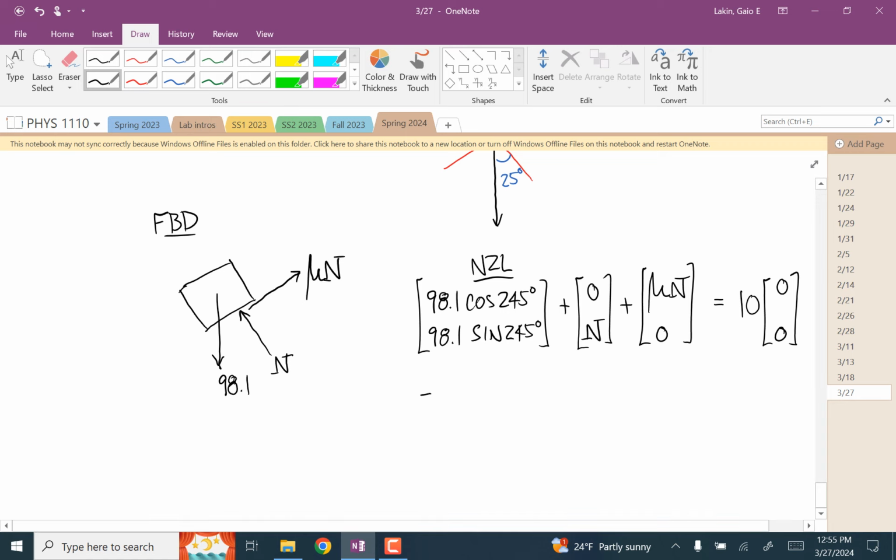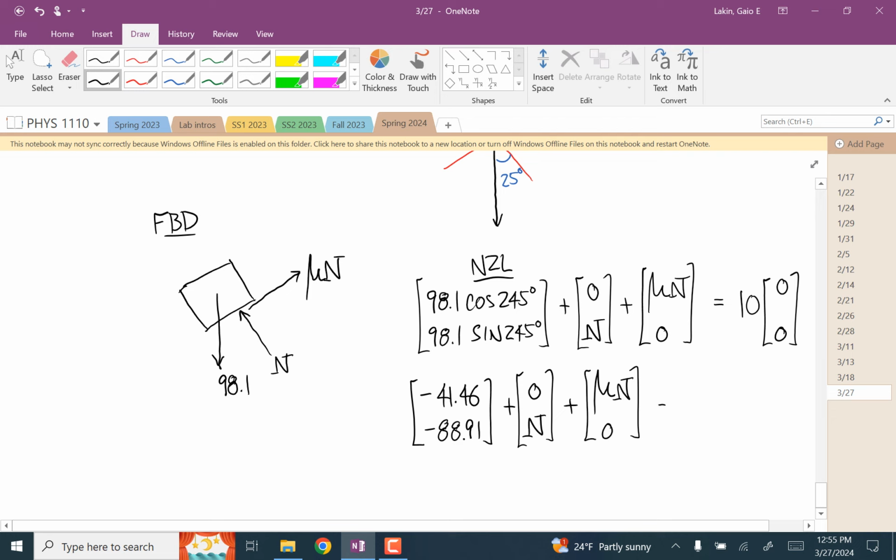So we get negative 41.46, negative 88.91, plus 0, n, plus mu n, 0 is equal to 0, 0.